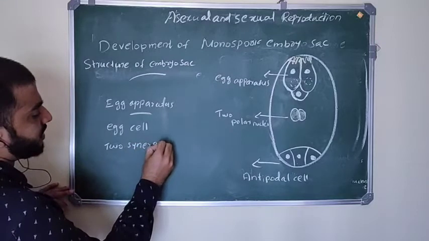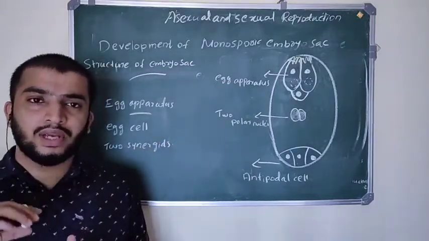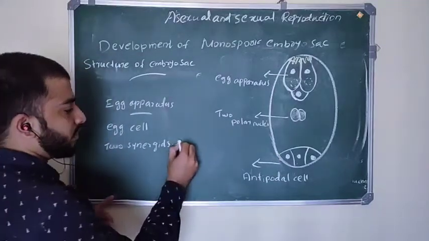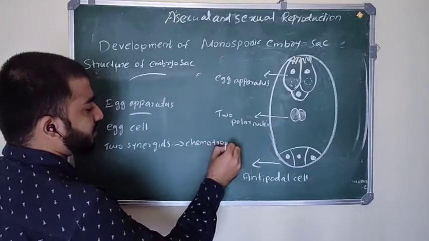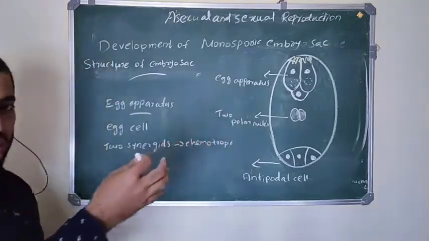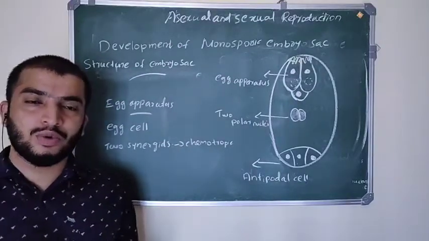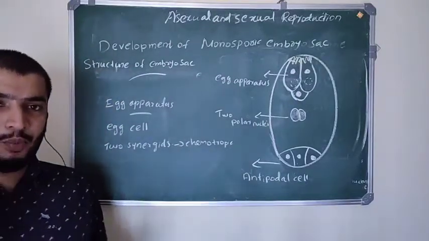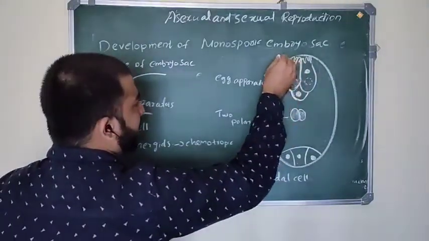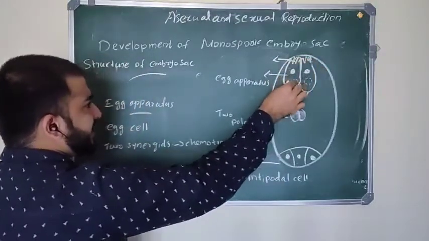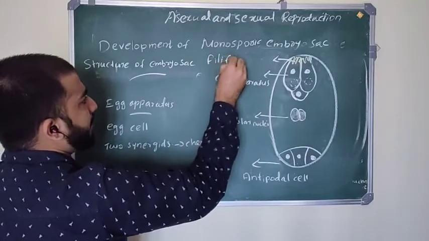What is the function of synergids? These synergids secrete some chemotropic substances. These chemotropic substances attract the coming pollen tube, so chemotropic substances produced by synergids guide the pollen tube into this embryo sac. They also have a special cell thickening called the filiform apparatus.